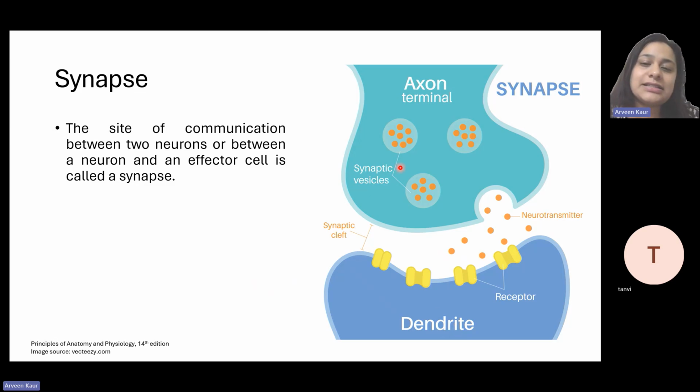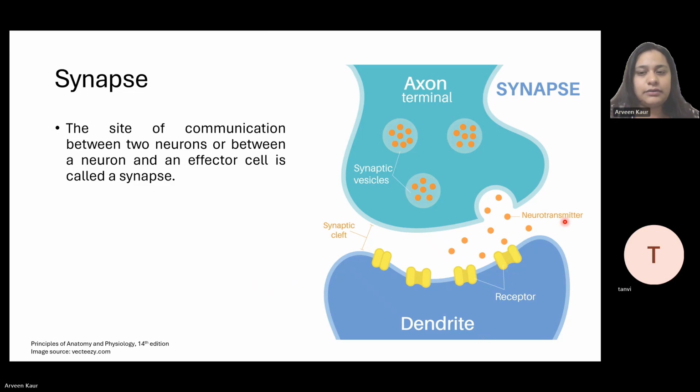You can see that there are some synaptic vesicles present over here, which will come and integrate with the plasma membrane and release whatever is within that synaptic vesicle. Over here, it is neurotransmitter. And the receptors on the postsynaptic neuron are going to bind to this neurotransmitter so that they can respond to it, right?